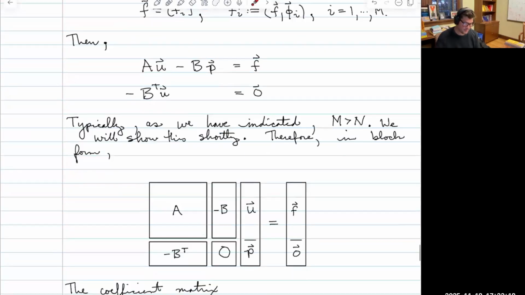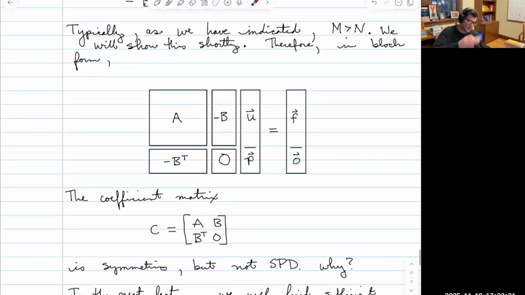This sets up a block matrix problem, and the coefficient matrix can be identified as A, minus B transpose, and 0. What you see in this block form is that this coefficient matrix is symmetric, but it's not SPD.